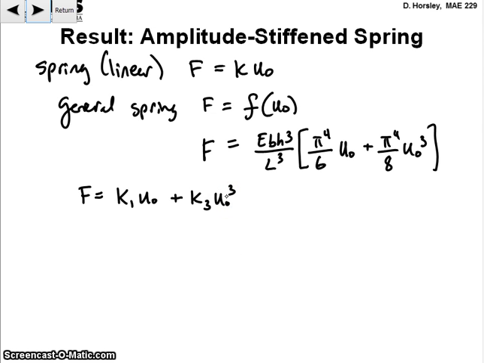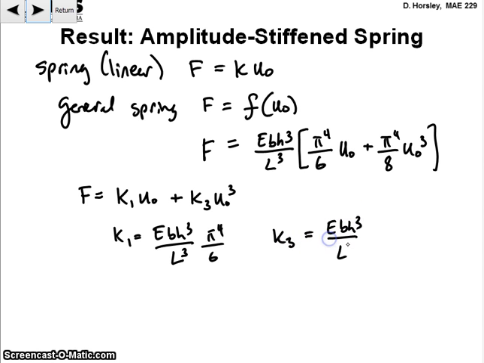I call this K sub 3 because it is the thing that multiplies u naught to the third power. We can see that K1 is E b h cubed over L cubed times pi to the fourth over 6, and K3 is equal to E b h cubed over L cubed times pi to the fourth over 8.